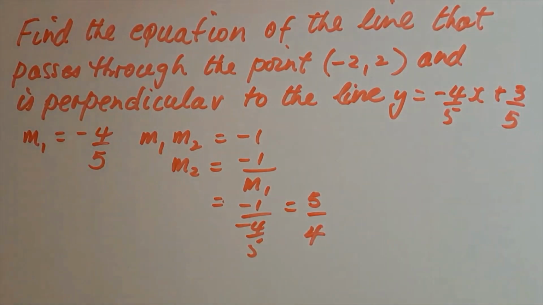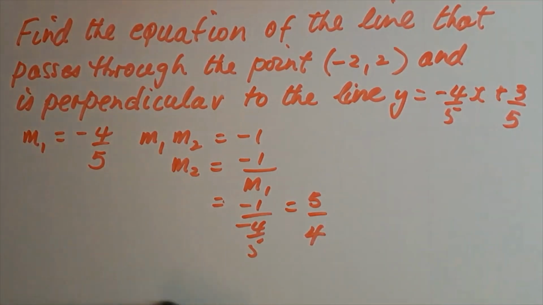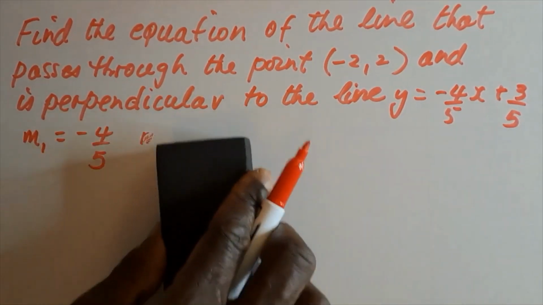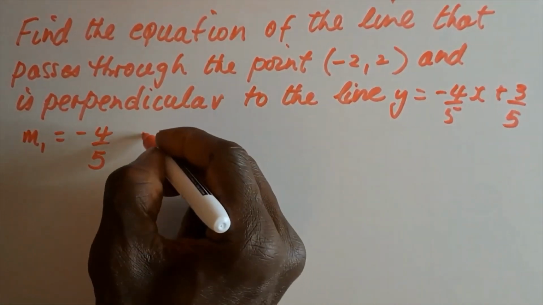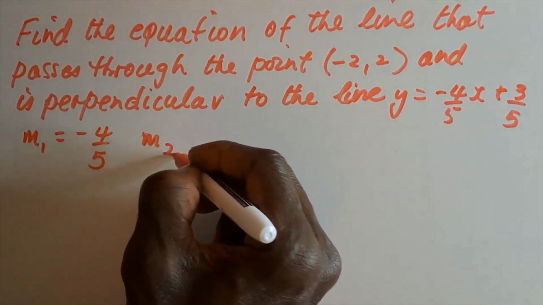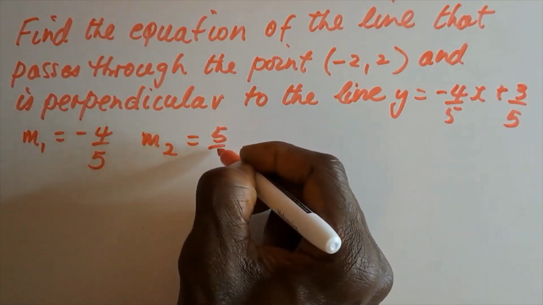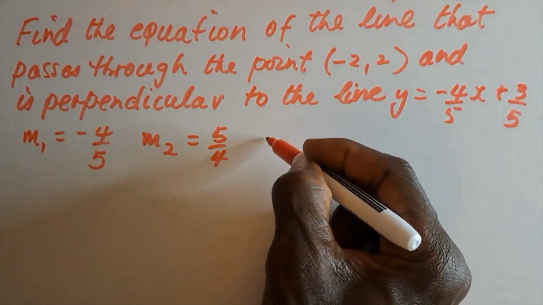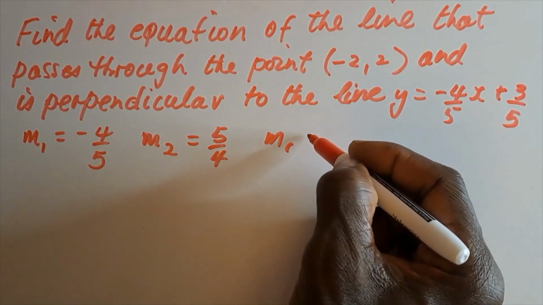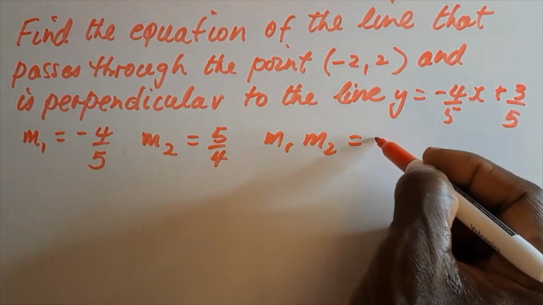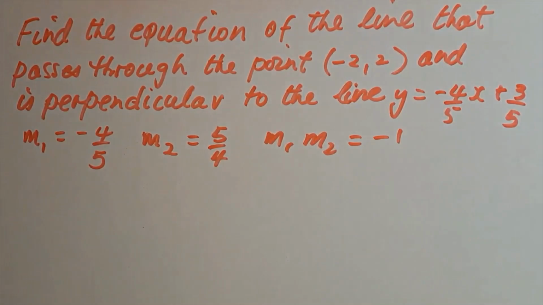So m2 is 5/4, and that's because m1 times m2 must be equal to -1.